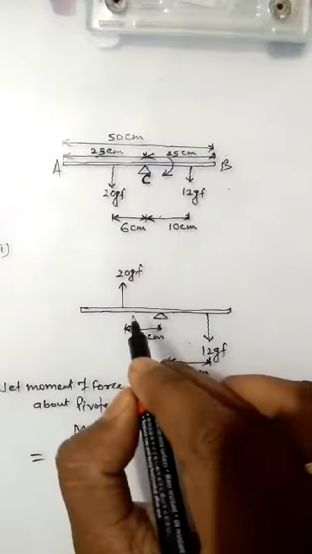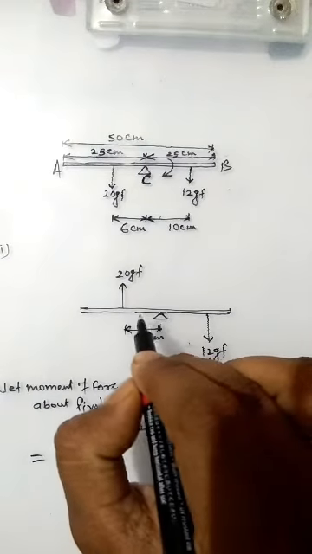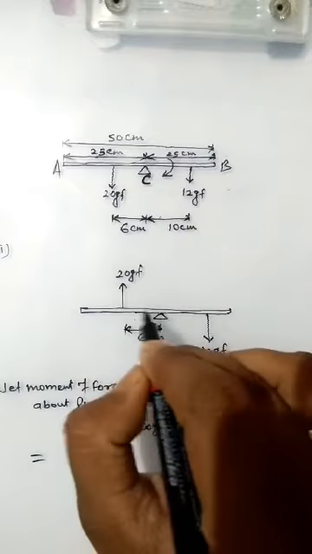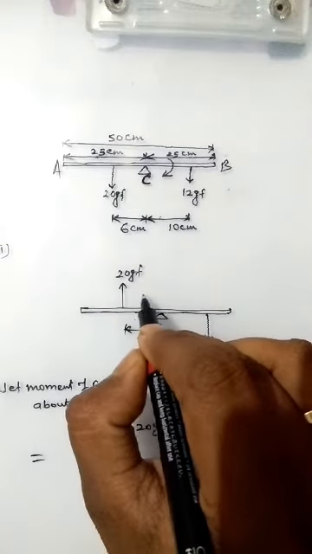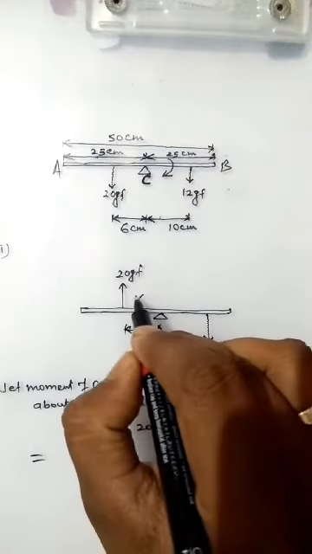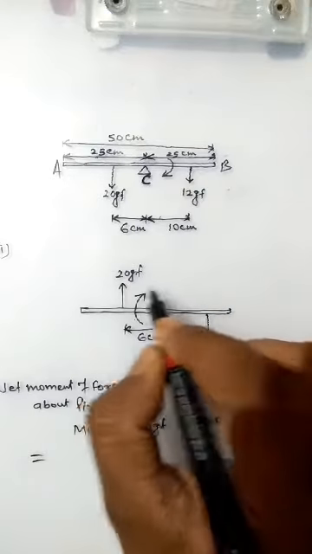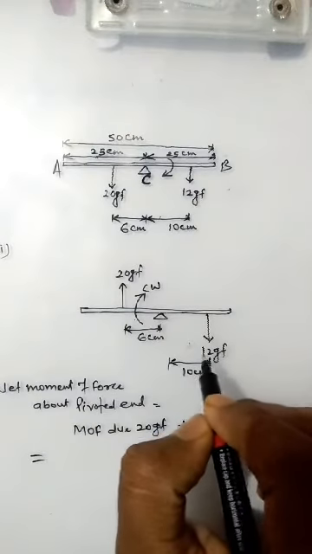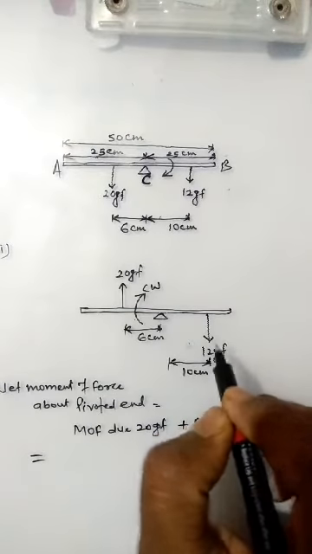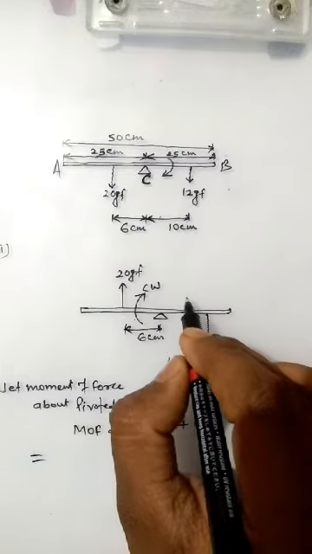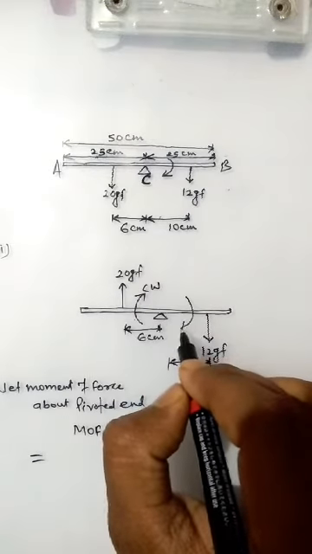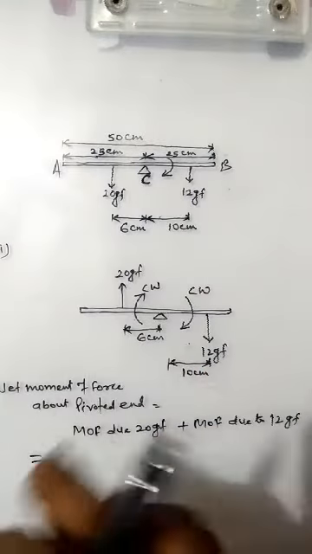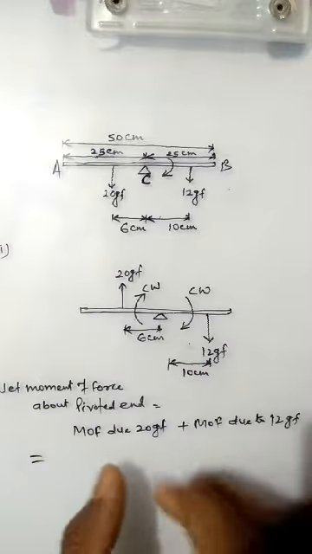The tendency of 20 GF force is trying to move this bar or meter scale in clockwise direction, and the tendency of 12 GF force is trying to rotate also in clockwise direction. Then the net force is in clockwise direction.